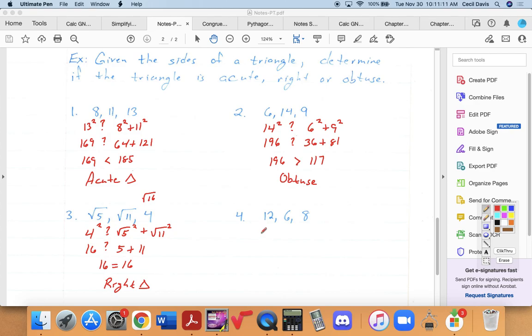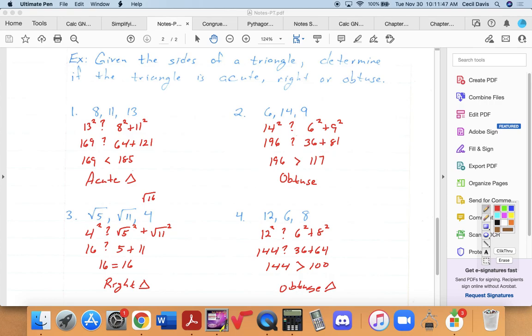So you do 12 squared, question mark, 6 squared plus 8 squared. 12 squared is 144. Question mark, 6 squared is 36, 8 squared is 64. So 144 question mark, 100. And it is bigger. So it's obtuse. So this is an obtuse triangle.